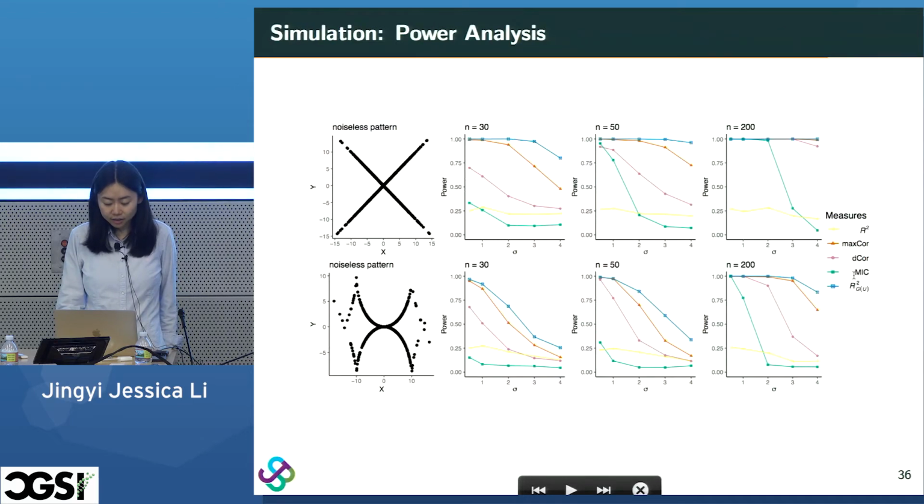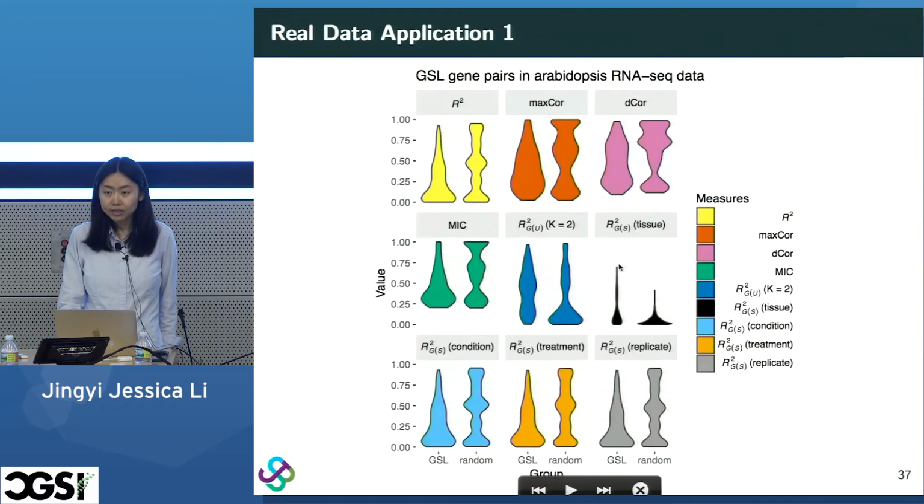And lastly, for real data application, I think this is an interesting example. We look at the Arabidopsis RNA-seq data, and we look at gene pairs in the pathway called GSL. Genes in the pathway are supposed to be more functionally related than random gene pairs.